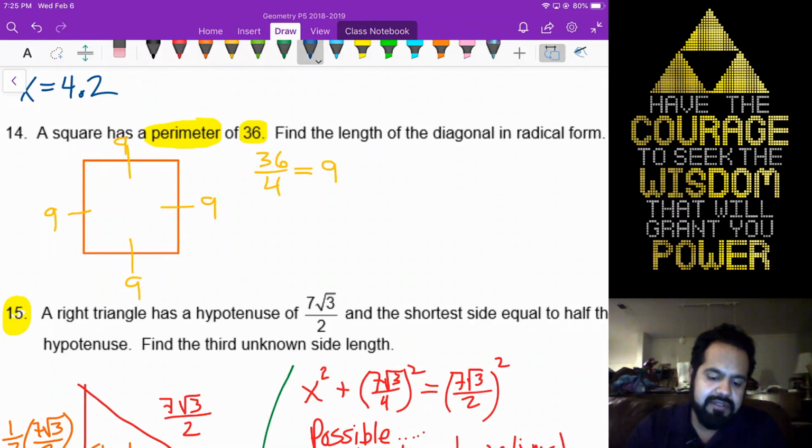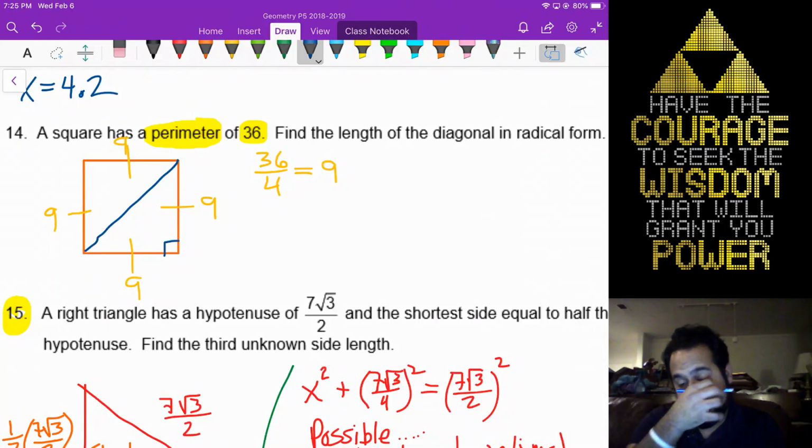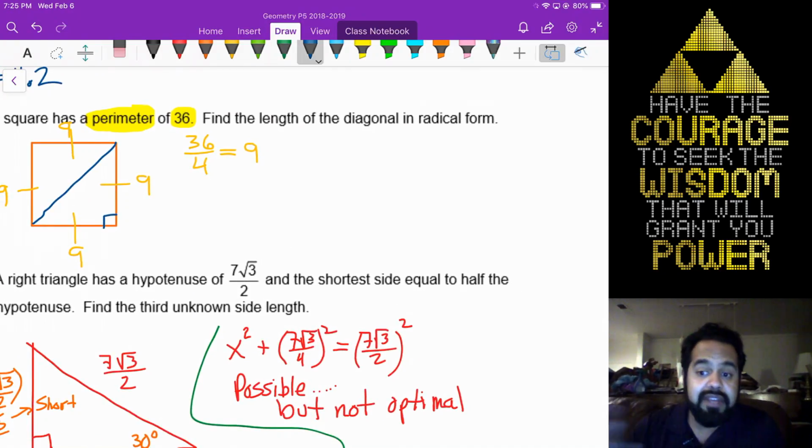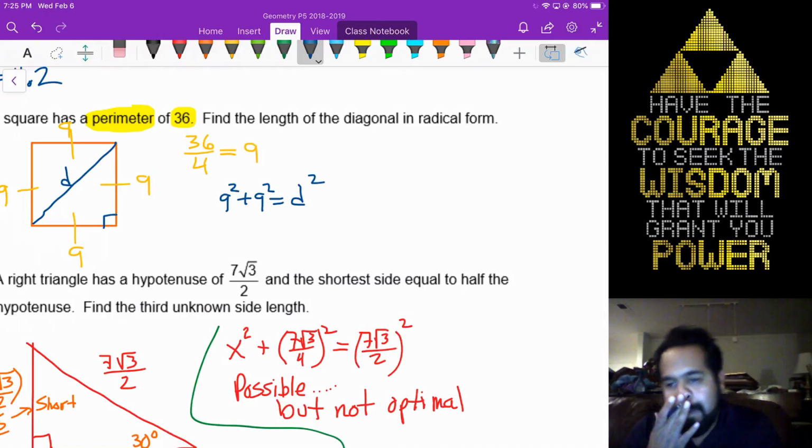Okay. Not that hard. Draw a diagonal. Boom. Now, you have a choice. You can say, hey, I can do the Pythagorean theorem here, right? It's a right triangle, because why not? 9 squared plus 9 squared equals, let's call it d squared, because that's a diagonal.